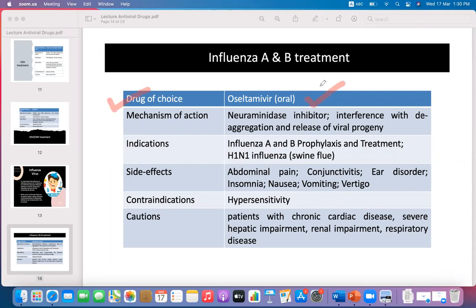Oseltamivir. What is the mechanism? It is a neuraminidase inhibitor, which interferes with the deaggregation and the release of viral progeny.